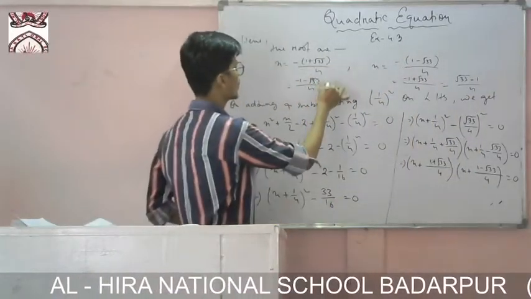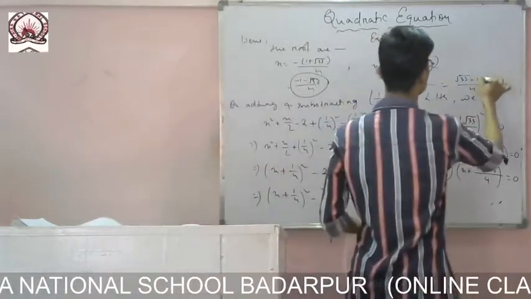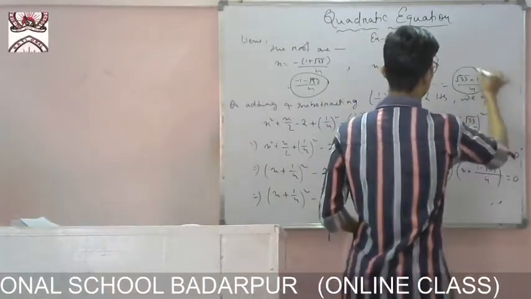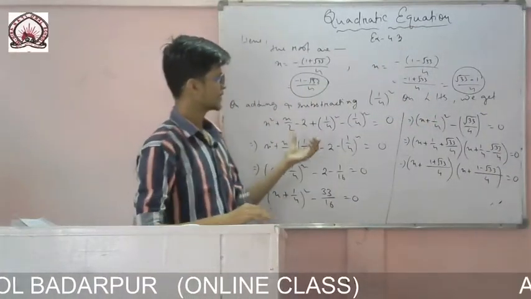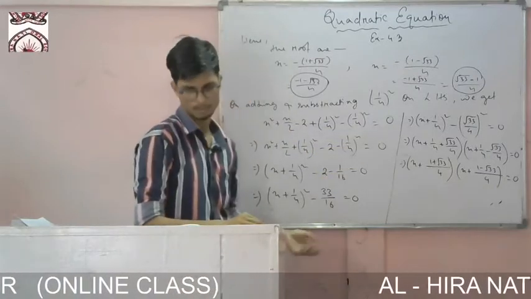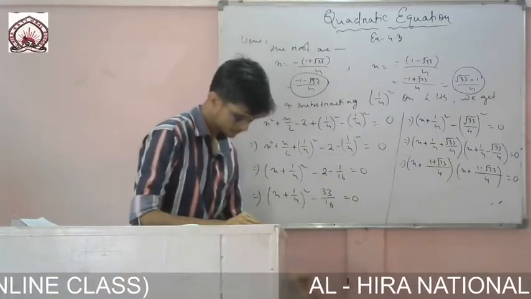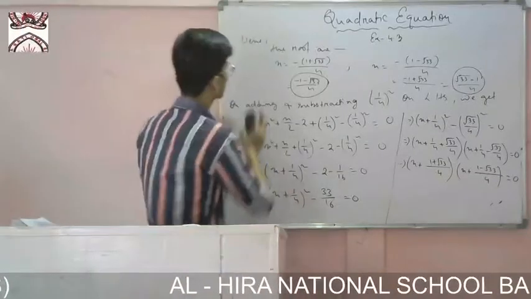So one I have got minus 1 minus root 33 by 4, another one is root 3 minus 1 by 4. And one thing more you can do, if you want, you can change this thing to that side, then also you can solve it. So these are the same.